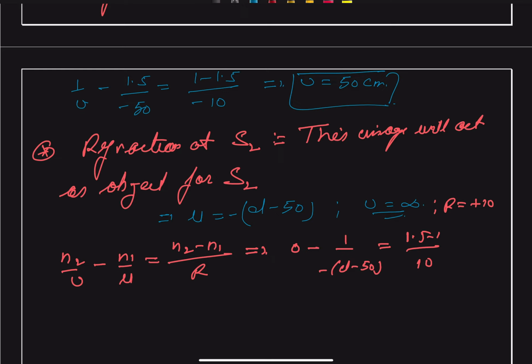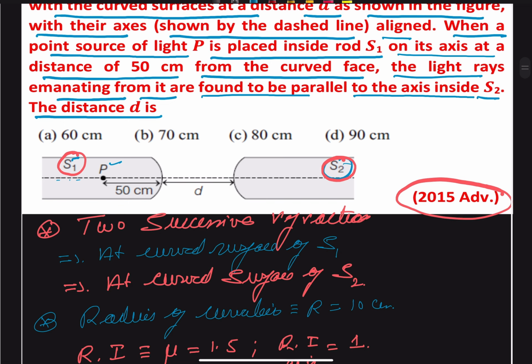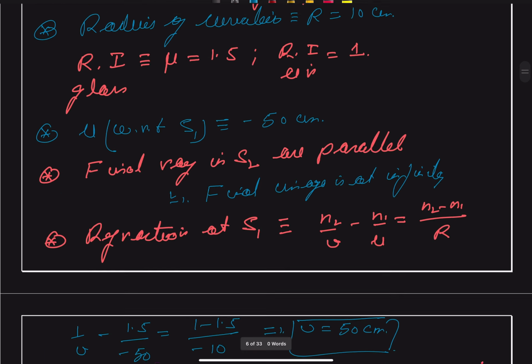Therefore we get from here that d is equal to 70 centimeters. So option number B is the correct option.